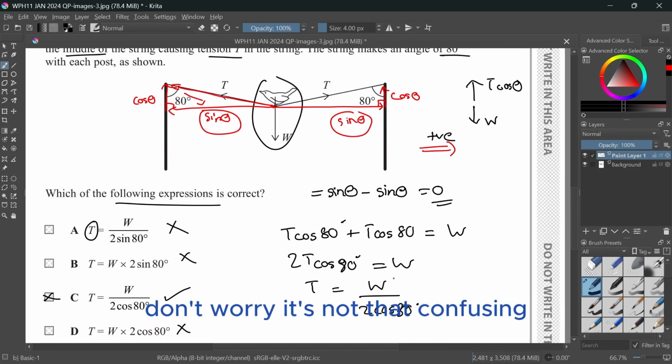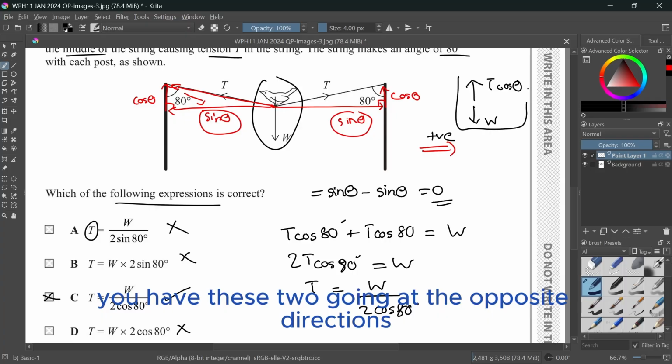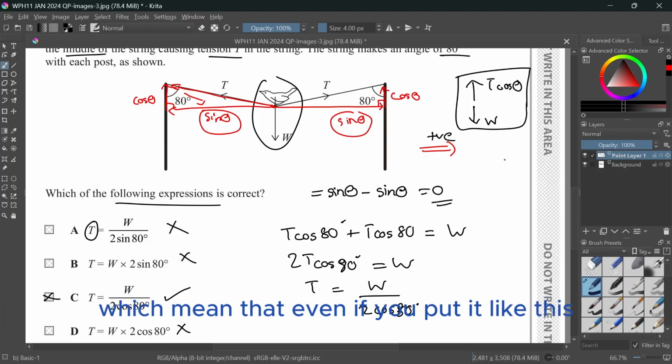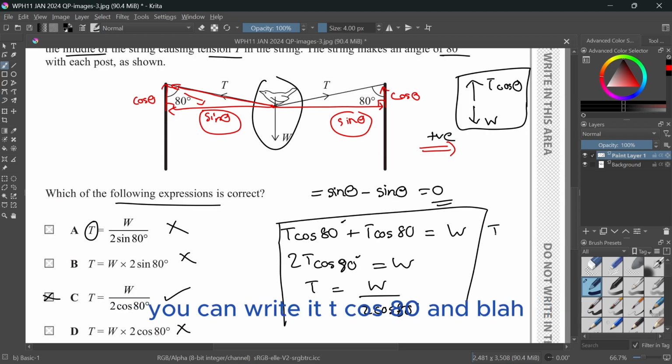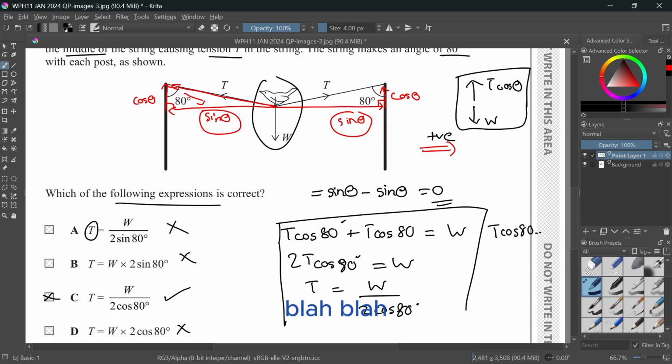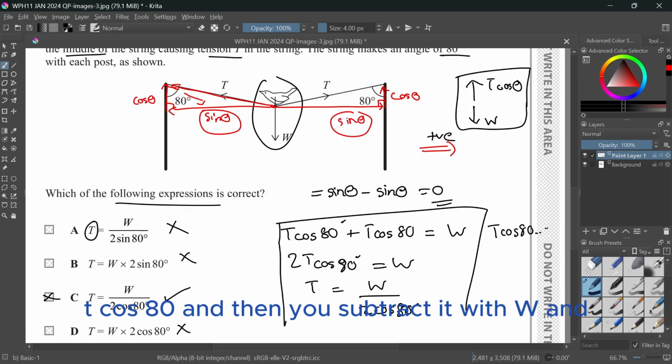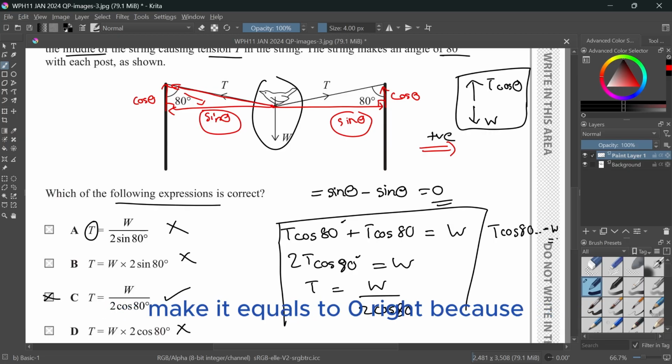Don't worry, it's not that confusing. You have these two going in opposite directions, which means that even if you don't want to write it like this, you can write T cos 80 plus one more T cos 80, and then you subtract W and make it equal to 0, right?